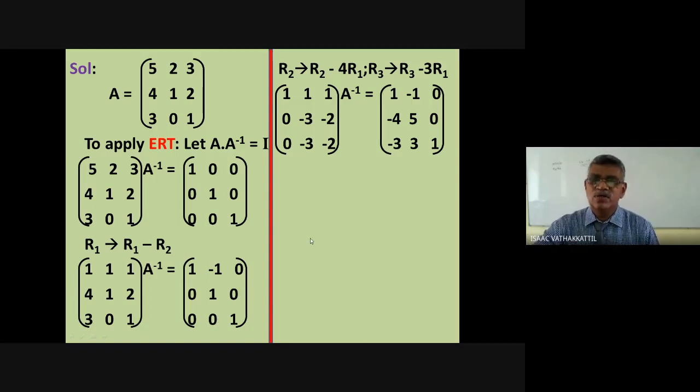Now look, I wanted to make one point here. In the event of applying ERT or ECT at any moment, if we can transform all the elements of one row or one column to all zeros, then the matrix is not invertible.